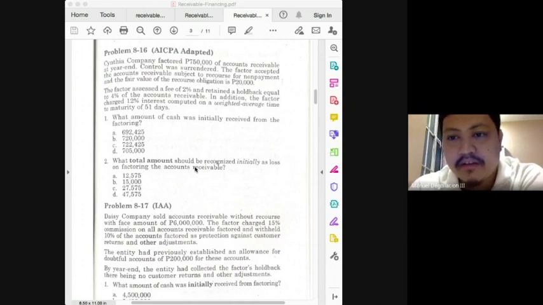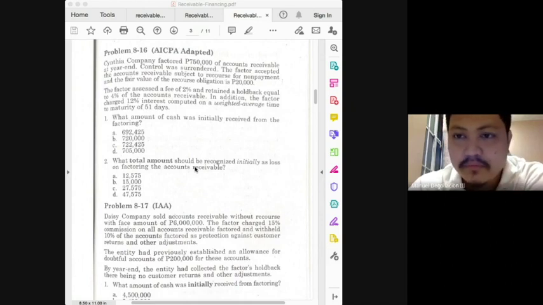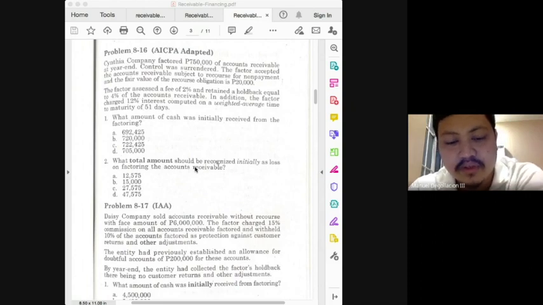The holdback will only be considered as a loss once we cannot recover it anymore.